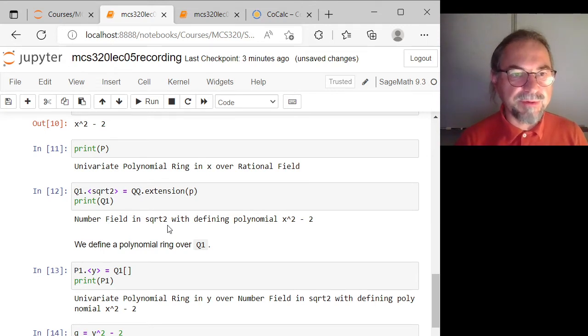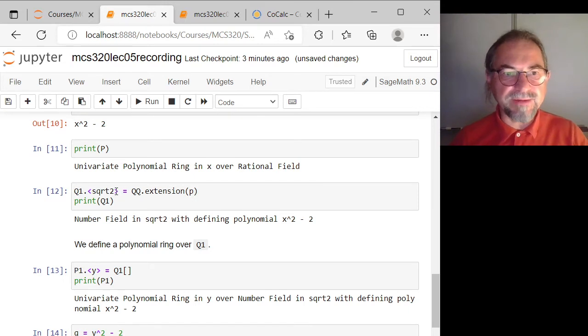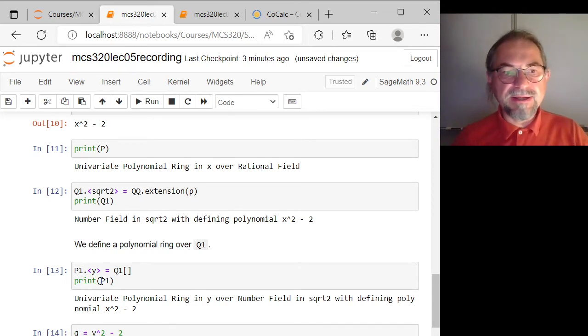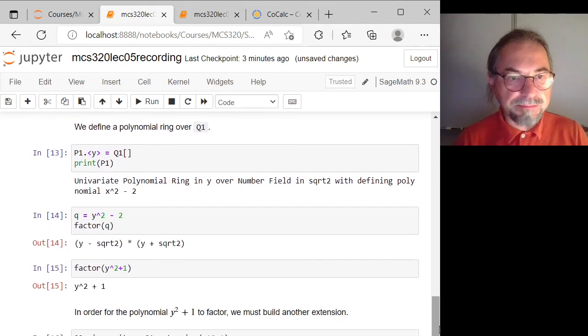Here the square root of 2 is the root of this polynomial that doesn't factor. So we add this to the number field. That's what the extension is. And then we have the other symbols: the letter x for the original polynomial field, the letter y for the polynomials in the first extension. Then we have the polynomial y squared plus 1 that does not factor.